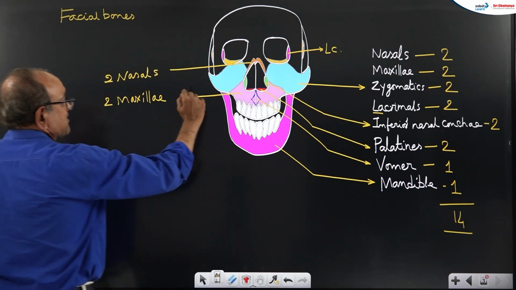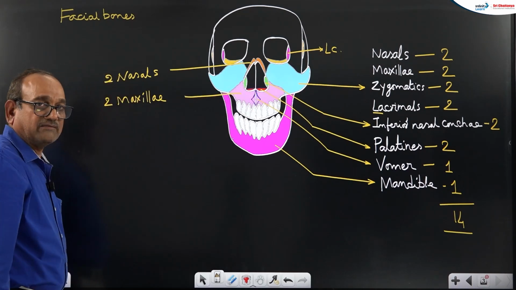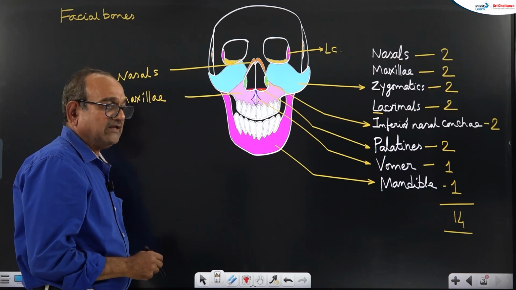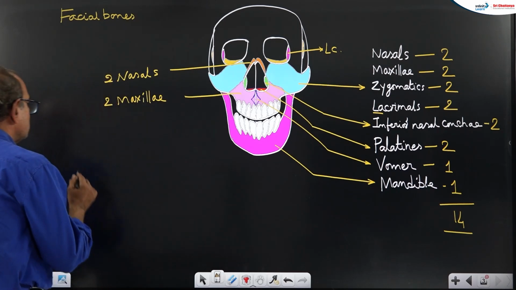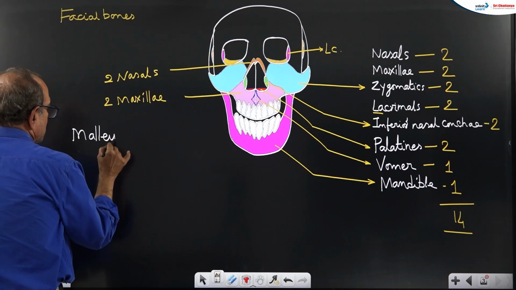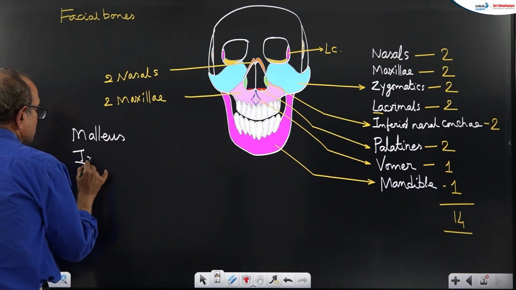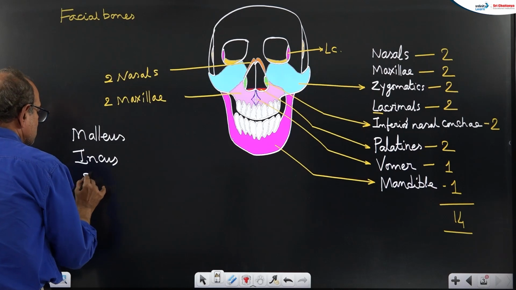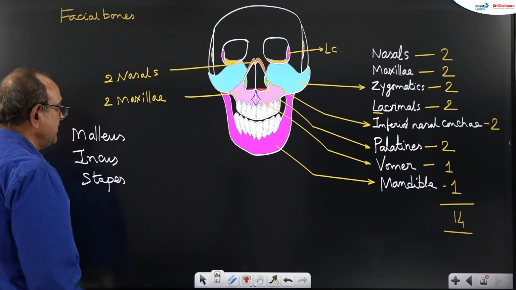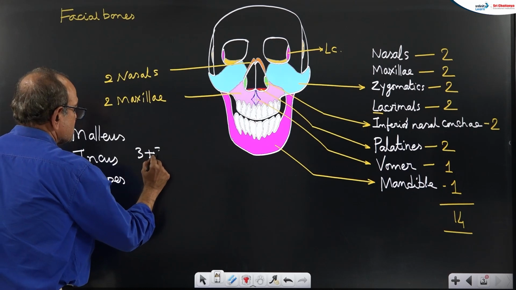Then on each side, connecting the external ear and internal ear, there are 3 ear ossicles. They include malleus, incus, and stapes on either side. So 3 plus 3, total 6 bones.